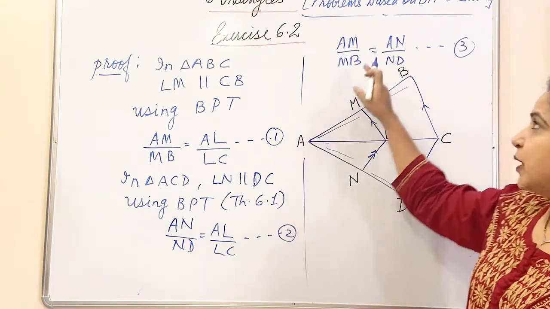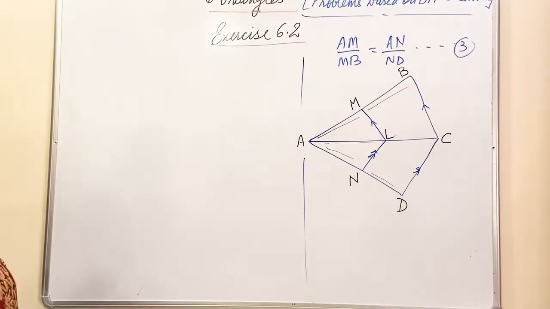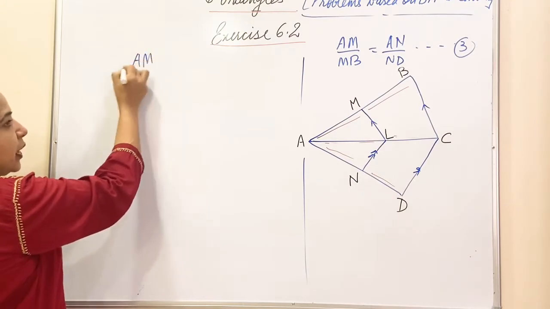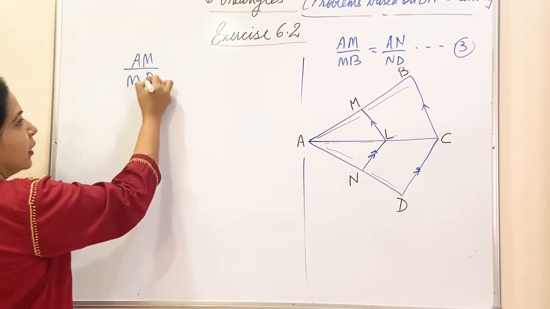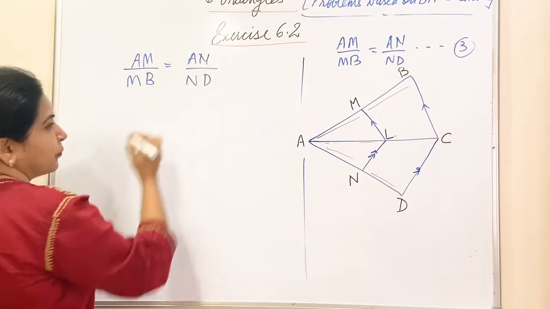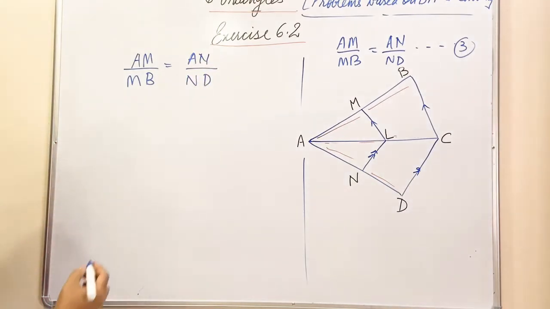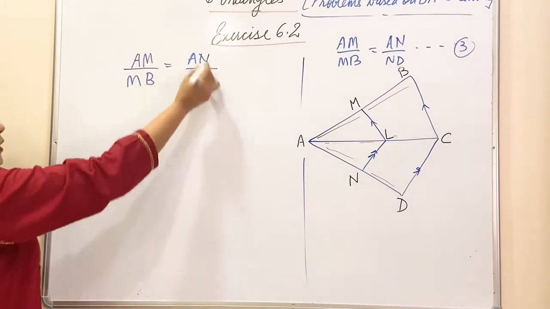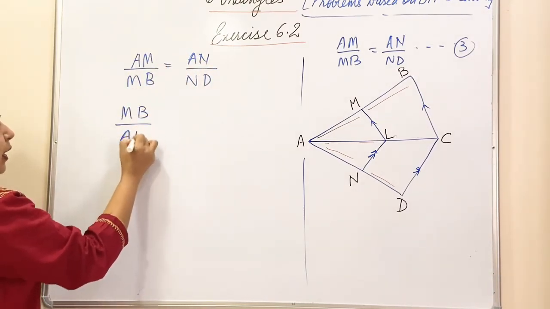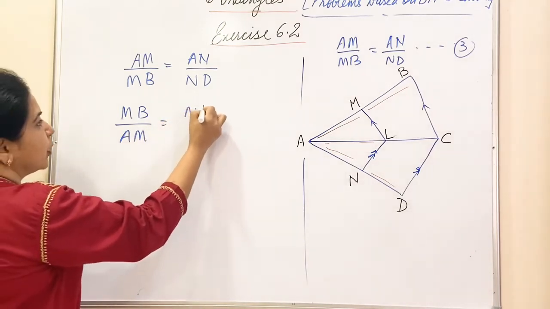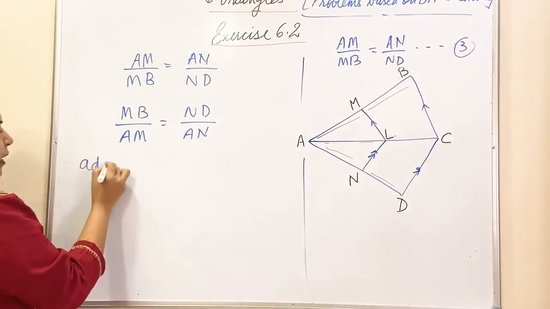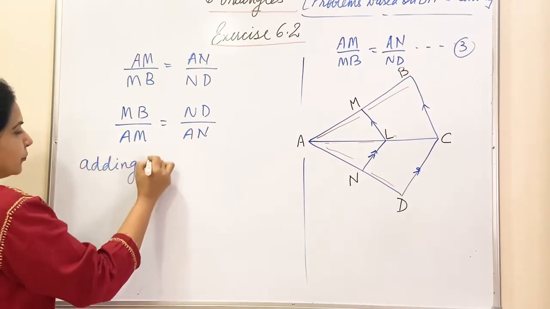Comparing equation 1 and 2, we have written this result. Now using equation 3, AM by MB is equal to AN by ND. Now we will take the reciprocal of both sides. MB upon AM is equal to ND upon AN. Now adding 1 on both sides.